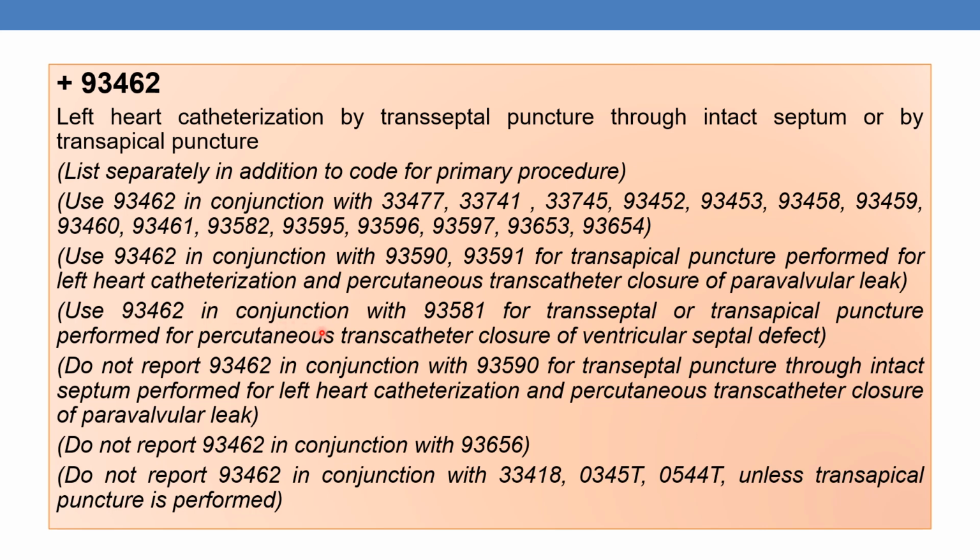Next, use 93462 in conjunction with 93581 for transseptal or transapical puncture performed for percutaneous transcatheter closure of ventricular septal defect. Do not report 93462 in conjunction with 93656.